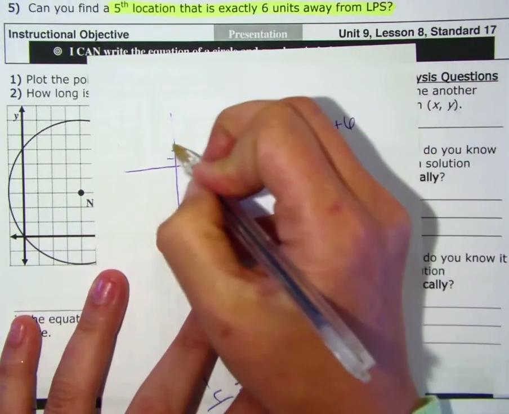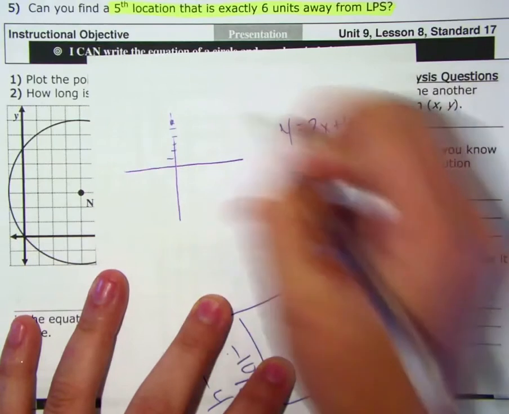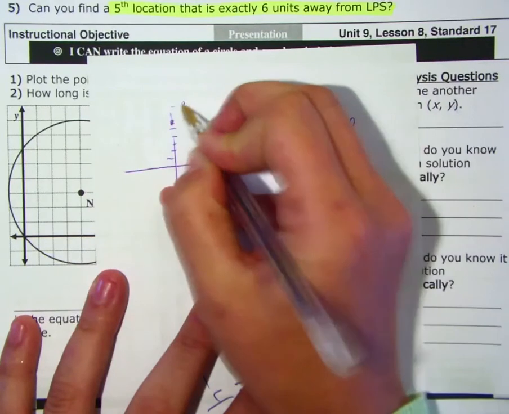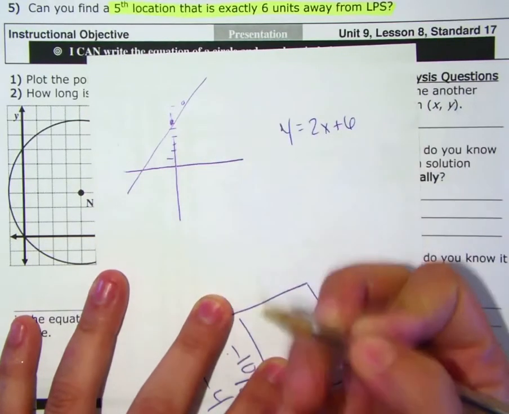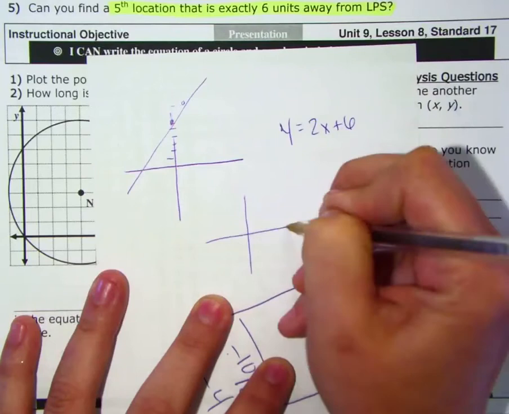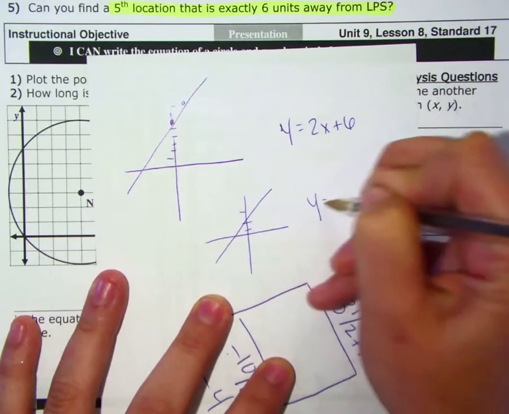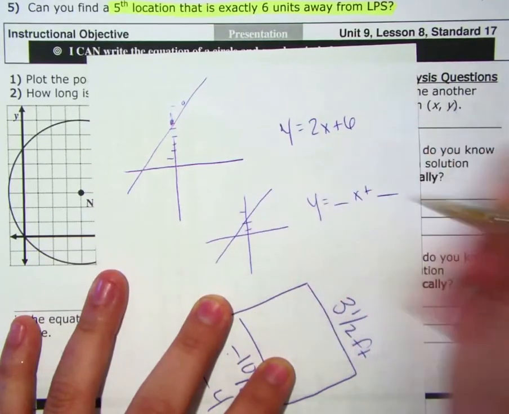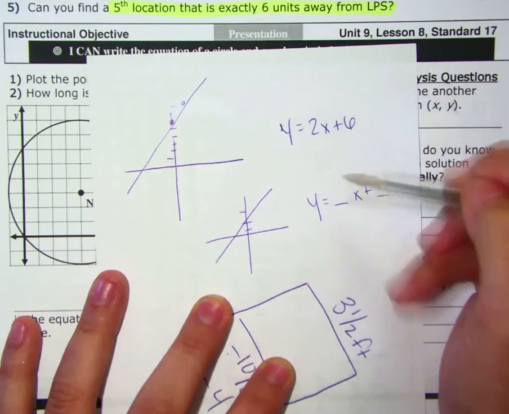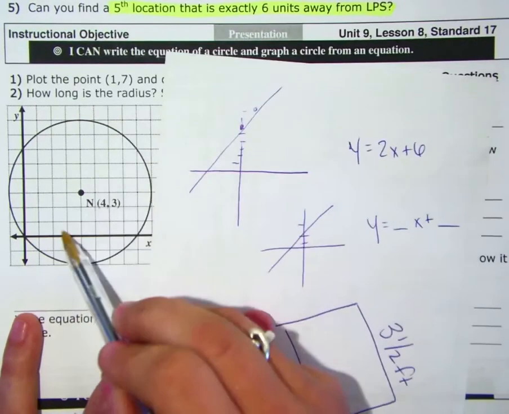We go to 6 as the y-intercept, and then we count the slope of rise 2, run 1. Or if we had a line and we needed to write the equation, how do we work backwards? We're doing this, but instead with circles.